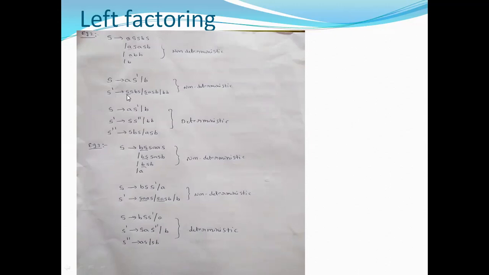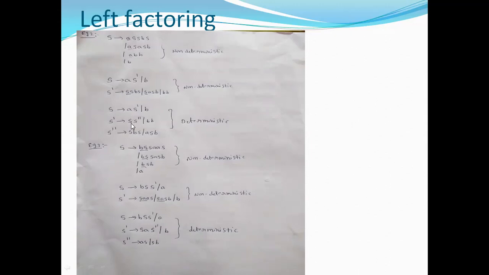So here it is the same. S is again a common prefix, so we have to eliminate that common prefix. So S produces A S' or B, and this is not changing anything. So S produces A S' or beta, and S' produces, what is the common prefix?